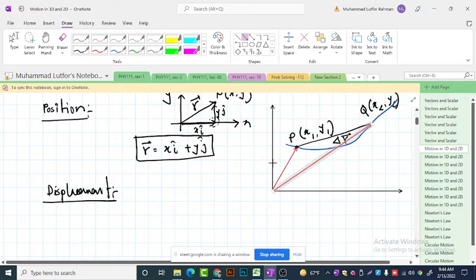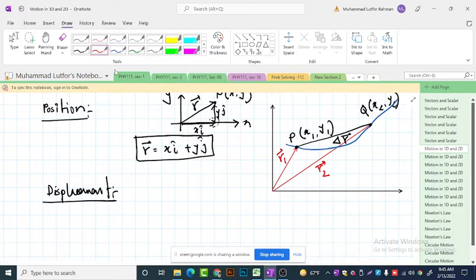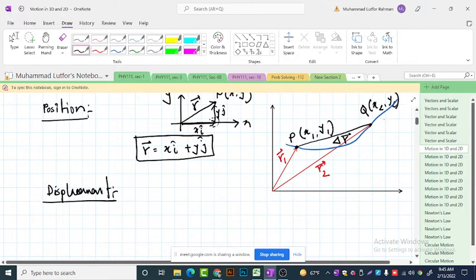I can call these R1 and R2. The particle travels from point P to Q, and that is its displacement. That is what I want to find out. It's the shortest distance between the two points.